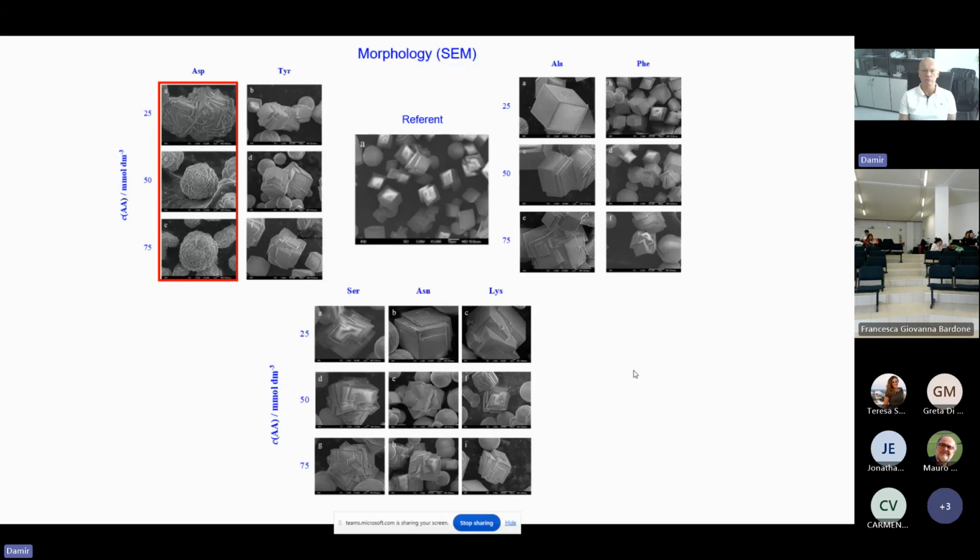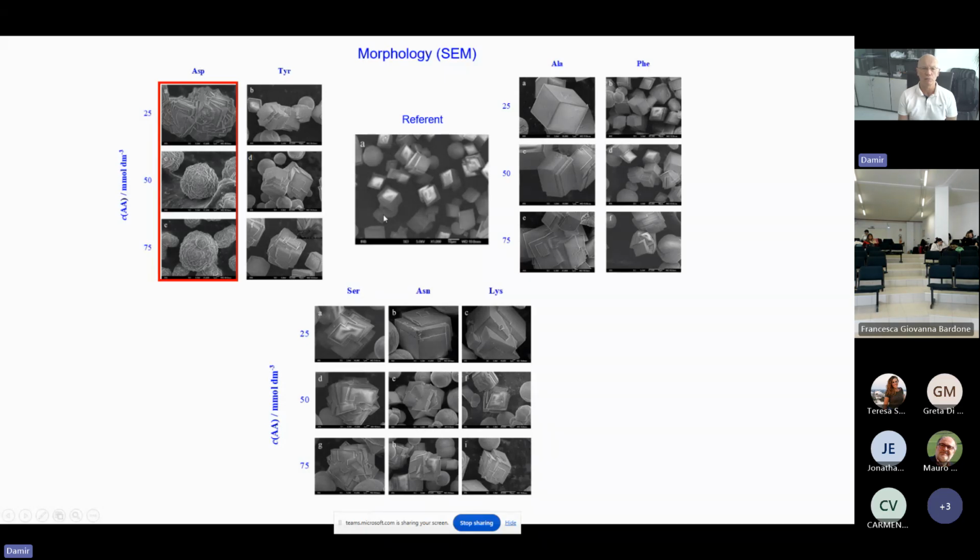The morphology of the crystals which we observed in the previous experiments somehow confirms what we concluded, that the strongest effect is formed in a system with the charged amino acid, particularly aspartic acid.